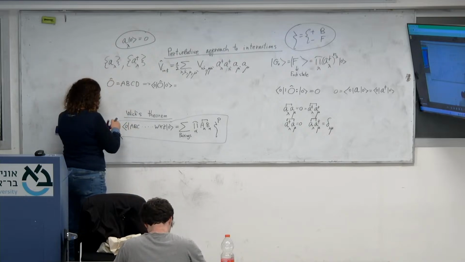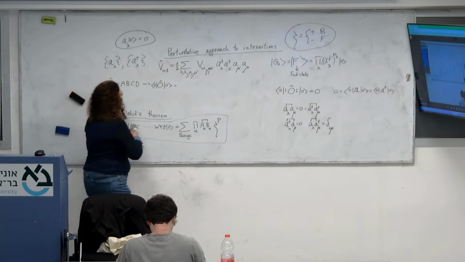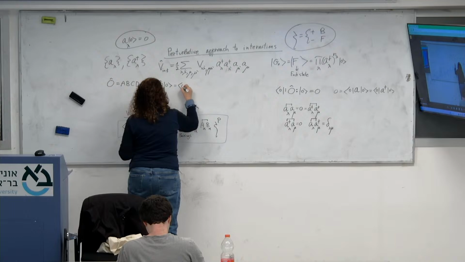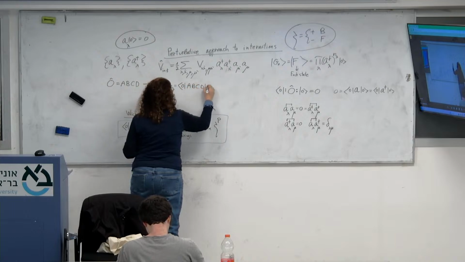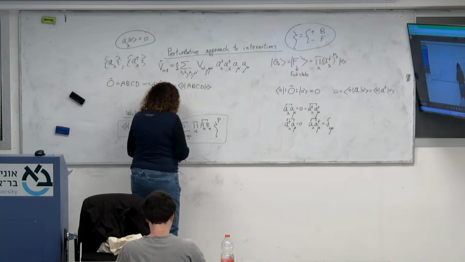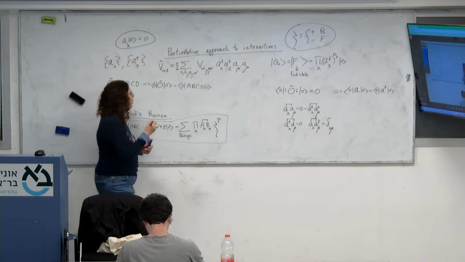Let me write it explicitly: A, B, C, D. Now I'm writing each pairing in a different color. What are my options?